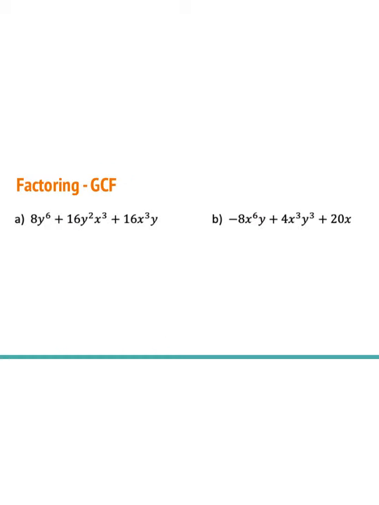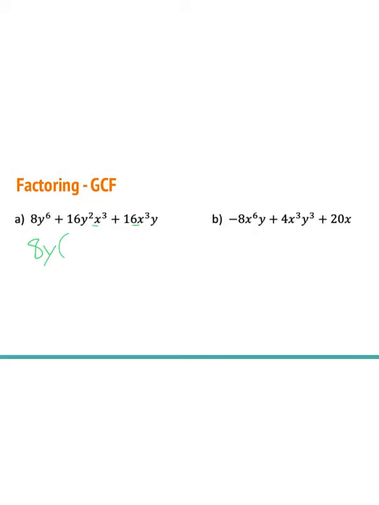All right, so if we look at GCF again here, we have 8, 16, and 16. I'm going to see that I can factor out my 8 from all three terms, and I want to look at my variables. Now I only see x's in these two terms, so I know I can't factor out an x, but I do have y's in every term. But the biggest number of y's that I have in every term is just y to the first, or just y.